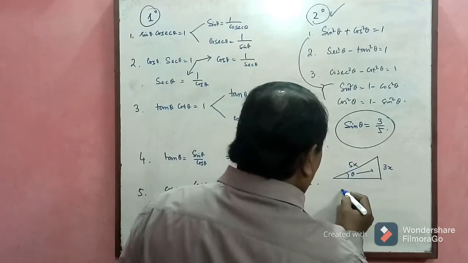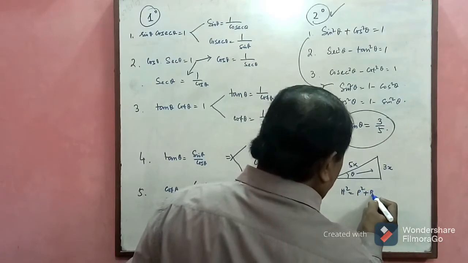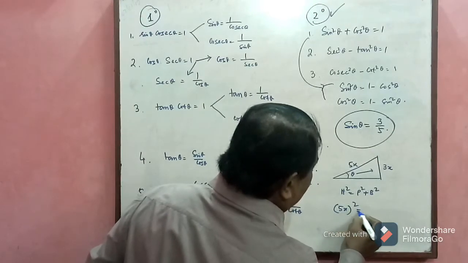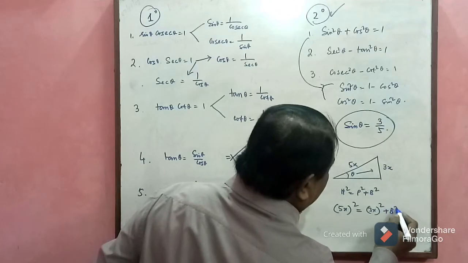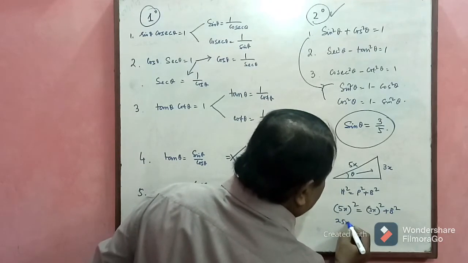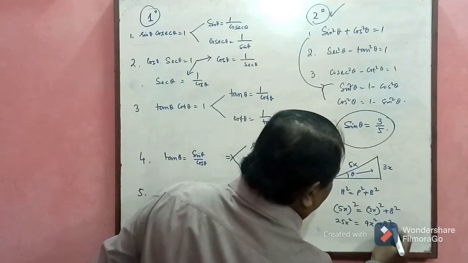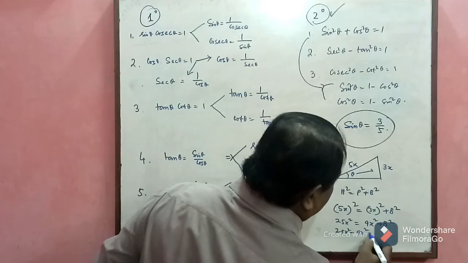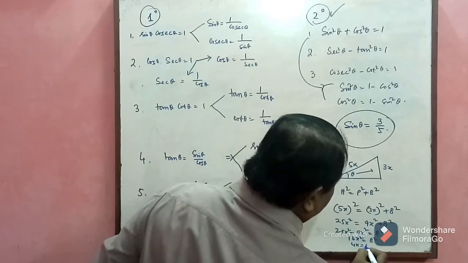So hypotenuse square is equal to perpendicular square plus base square. Now 5x whole square is equal to 3x whole square plus b square. This is 25x square is equal to 9x square plus b square. Now 25x square minus 9x square is equal to b square. So ultimately 16x square is equal to b square. So 4x is equal to b.